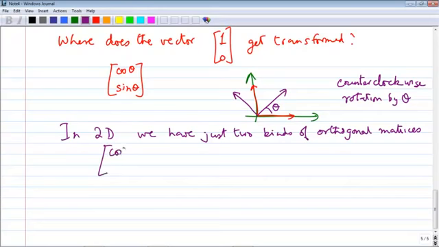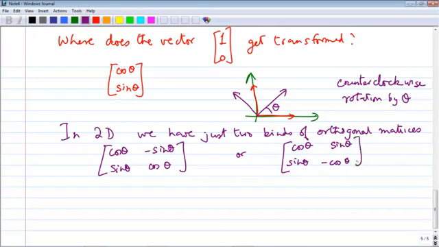These are of the type cosine theta, minus sine theta, sine theta, cosine theta, or cosine theta, sine theta, sine theta, minus cosine theta. These have determinant +1 and determinant -1 respectively. These are rotations, and these are reflections.